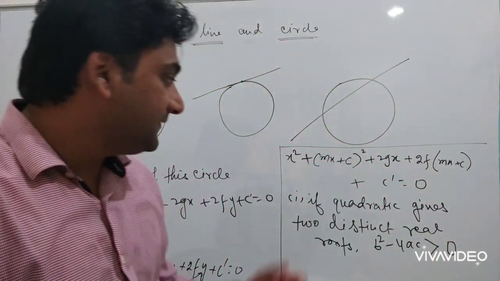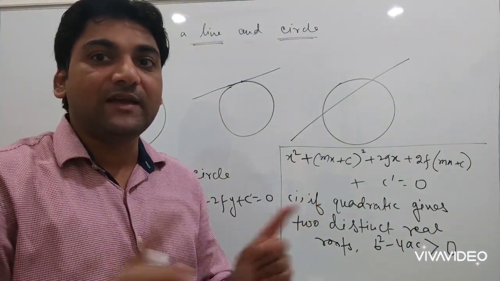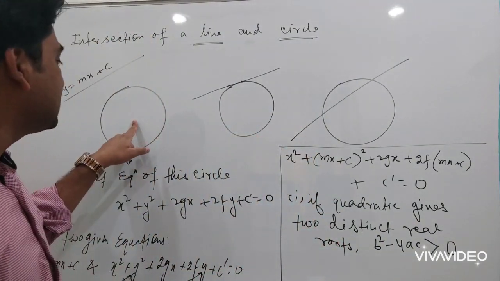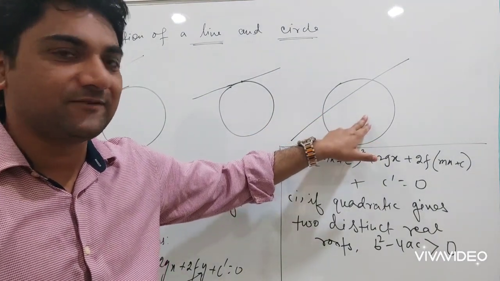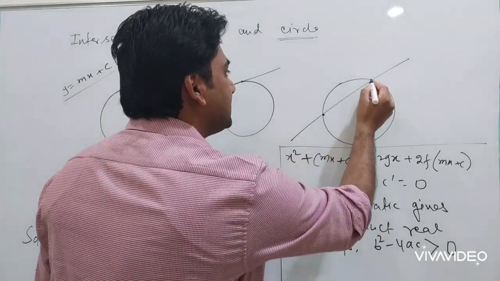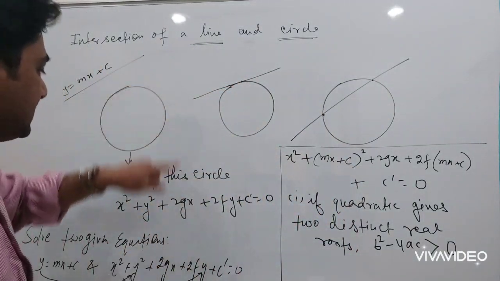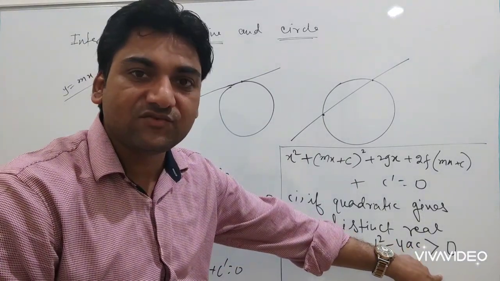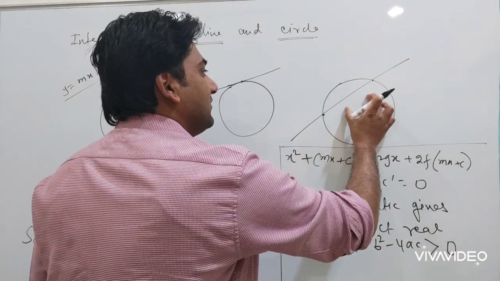So when you have two values of x, you can have two coordinates, and when you have two coordinates, you can plot them over here. For this condition. So guys, when you substitute a straight line into the circle, and if b square minus 4ac is greater than 0, it means this possibility will be there.